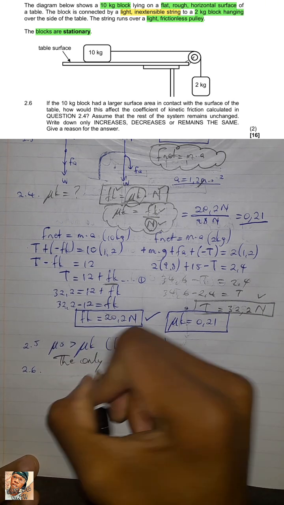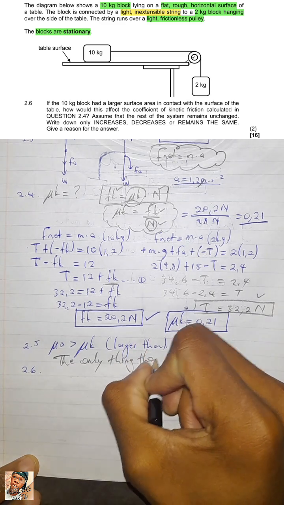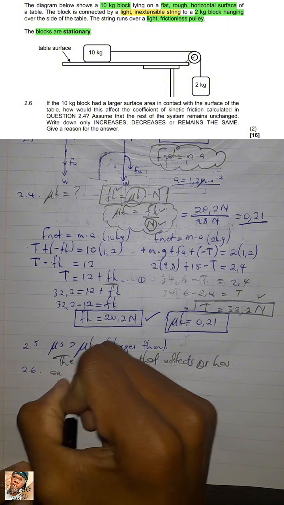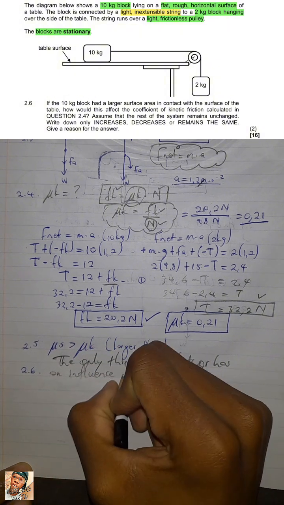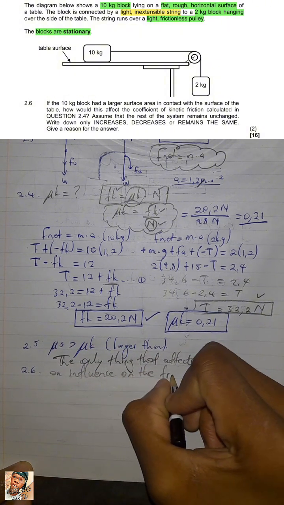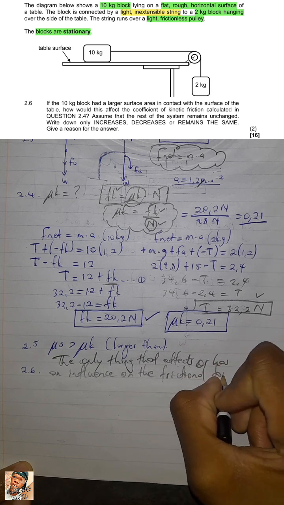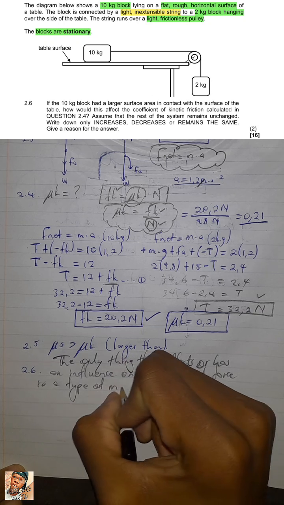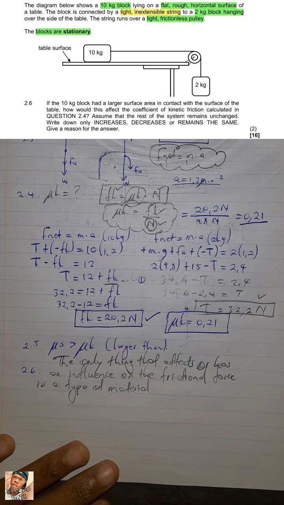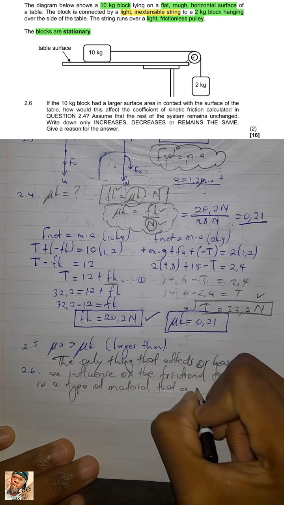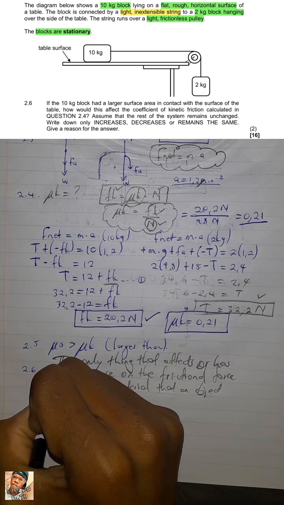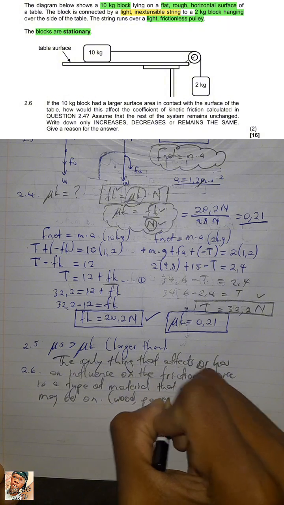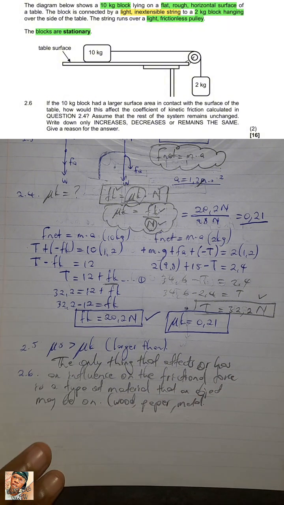The only thing that affects or has an influence on the frictional force is a type of material that an object may be on. For example, wood, paper, metal, and stuff like that.